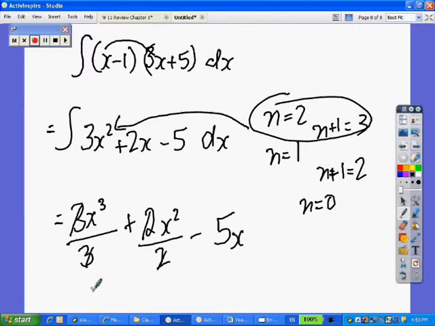Then I can clean this up, and I get x cubed plus x squared minus 5x. Just to check, I could differentiate this, and I should end up with the original expression.